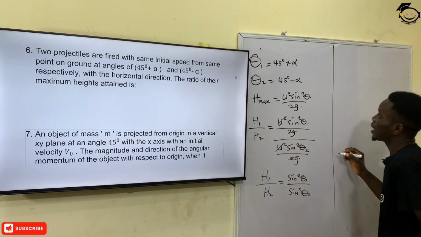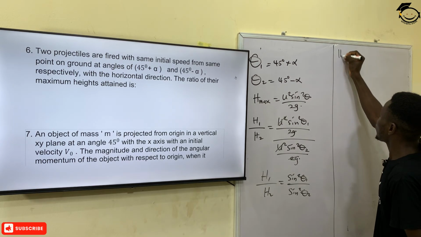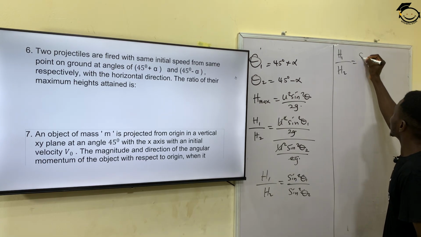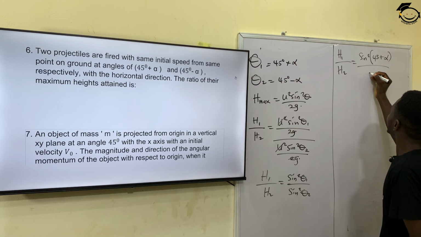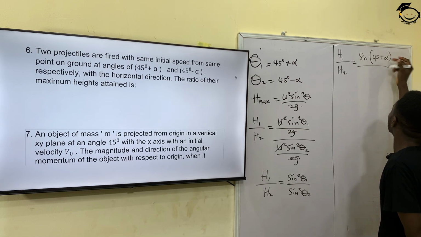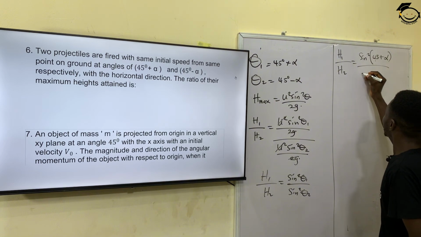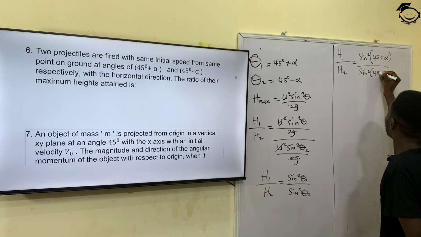And we know that our theta 1 is 45 degrees plus alpha. So this means that my h1 over h2 is going to give me sine square, open a bracket, 45 plus alpha, over sine square 45 minus alpha.